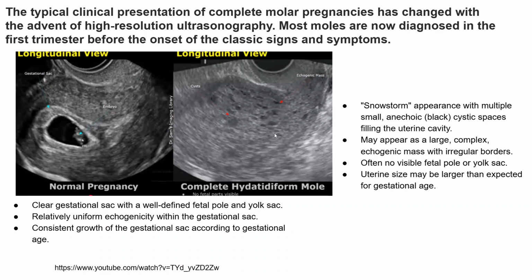In the normal case, there will be a clear gestational sac with a well-defined fetal pole where you can make out the direction of the fetus, the echogenicity would be uniform, and the growth would be consistent with the gestational age. Whereas in hydatidiform mole, there would be a snowstorm appearance with multiple small lesions and cystic spaces around, the uterus may seem larger than usual, and there is no visible fetal structure. This is the typical ultrasonography appearance in a case of mole.